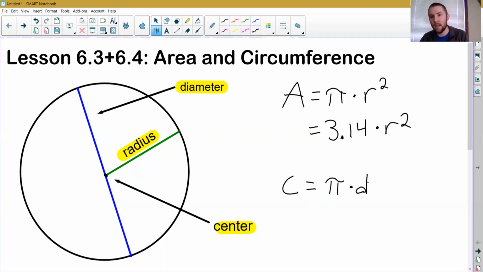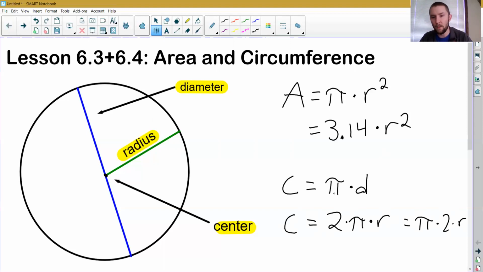So pi times the diameter, or we can do 2 times pi times the radius. This is because, remember from our last video, the diameter is equal to 2 times the radius. So we can also think of this as pi multiplied by 2 times the radius, because 2 times the radius is the diameter. Any of these formulas are going to work for you.